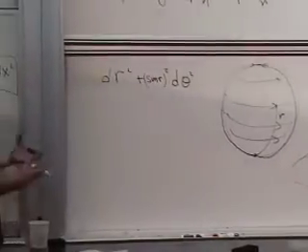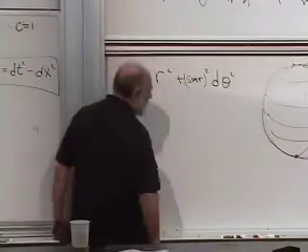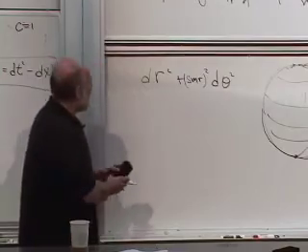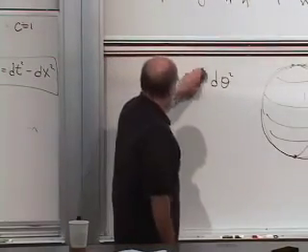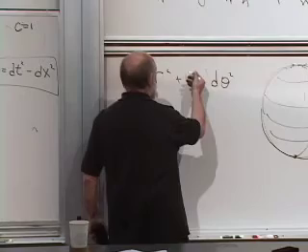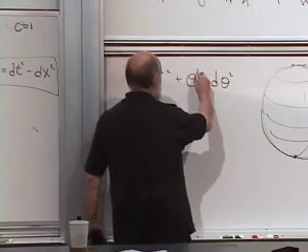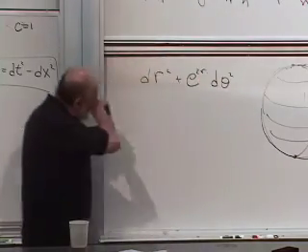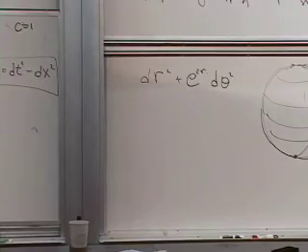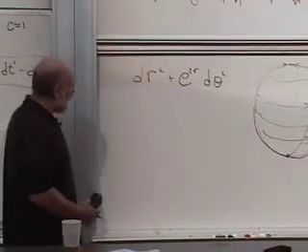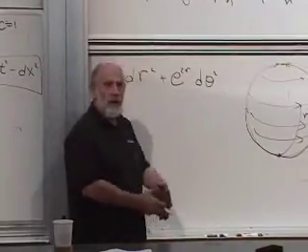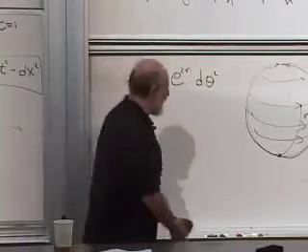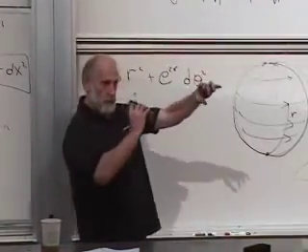Supposing I put an arbitrary function, let's put an exponential function here, e to the 2r. What kind of space would that look like? It would look like a horn.